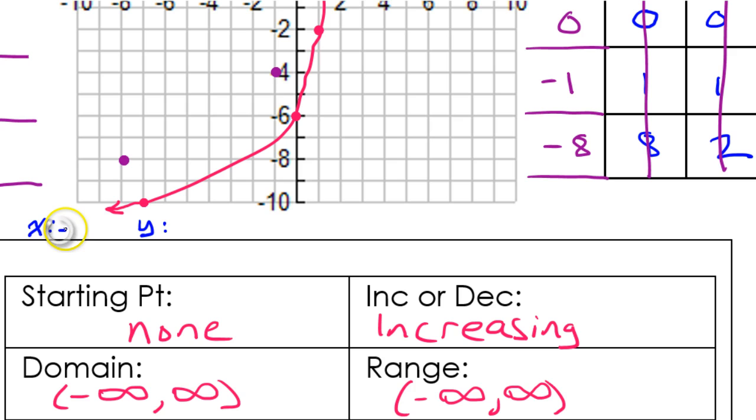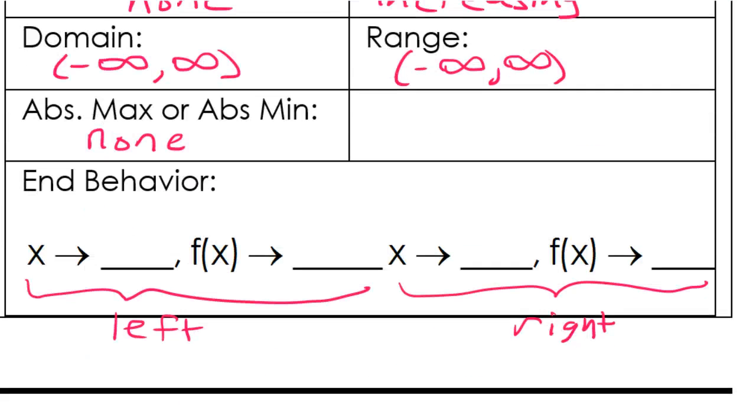So that means the x values are approaching negative infinity. Now let's talk about the y values. Y values go down and up. So is this arrow going down or up? Yeah, it's going down. So that's also negative infinity. Okay, so that's your end behavior. As the x values go towards negative infinity, the y values go towards negative infinity.